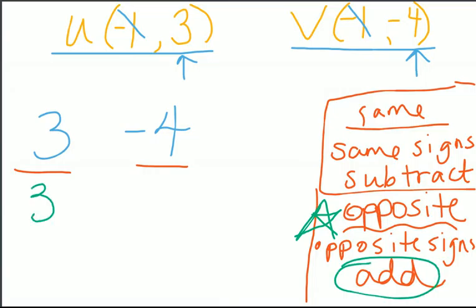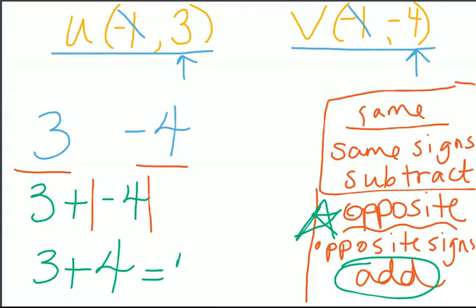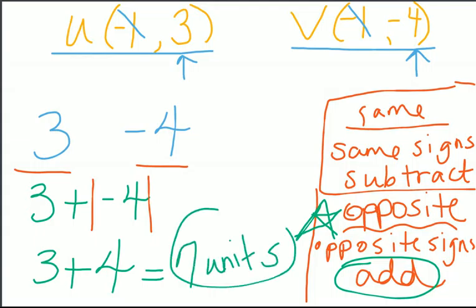So I've got 3 plus a negative 4. Remember what we do with our negatives. Since we cannot have a negative distance, we're getting rid of our negatives. How do you get rid of your negatives? You take the absolute value of it. That leaves me with 3 plus a positive 4, which is 7. So the distance between point U and point V is 7 units.